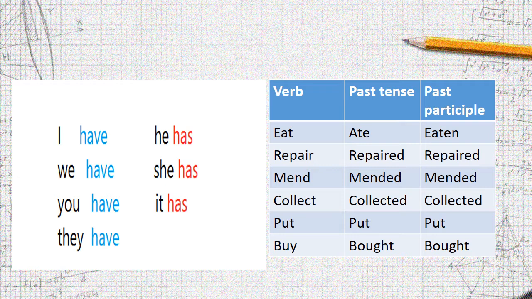Collect, collected, collected. Put. Put remains the same in all the tenses. Put, put, put. And for the verb buy, the past tense is bought and the past participle is bought. These are the verbs which we will use in the next exercise.